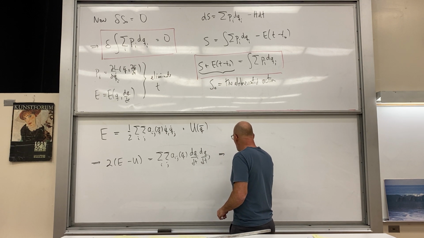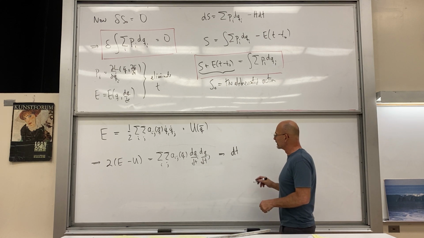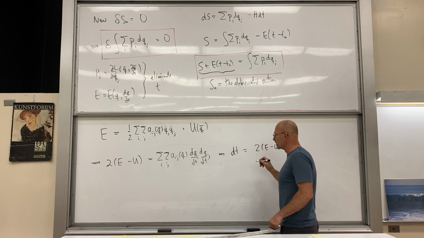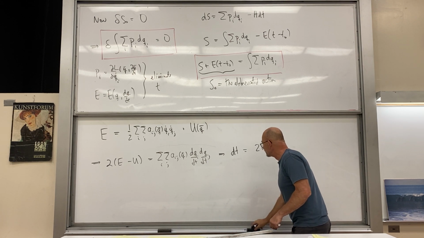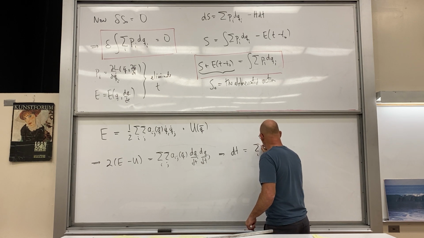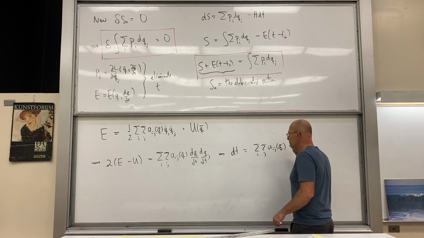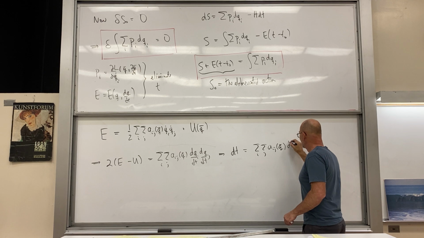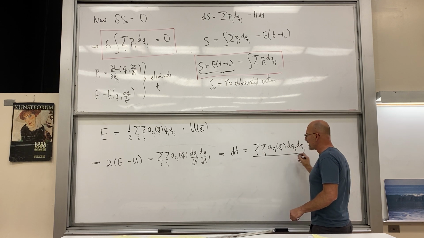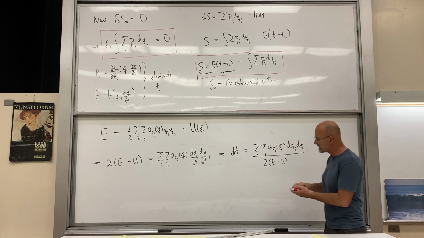So dt, just by cross multiplying and taking the square root, so we have 2(E minus U) over the double sum i, j, a_ij of q dq_i dq_j, or the other way around. Divided by the 2(E minus U). Okay, so let's hold on to this.